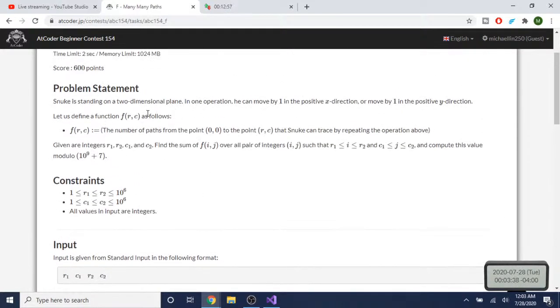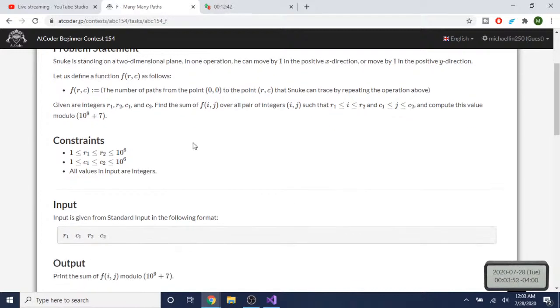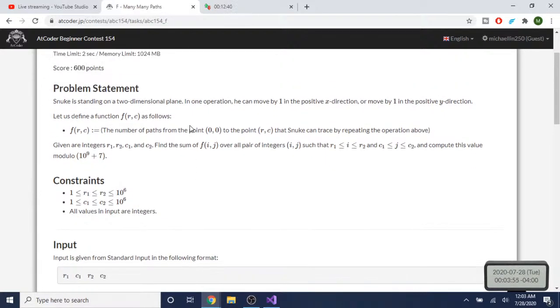If it went overflow, it would give us some strange negative number. IJ, so you compute this value mod 10 to the 9 plus 7. Move right 1, up 1, right 1, up 1.